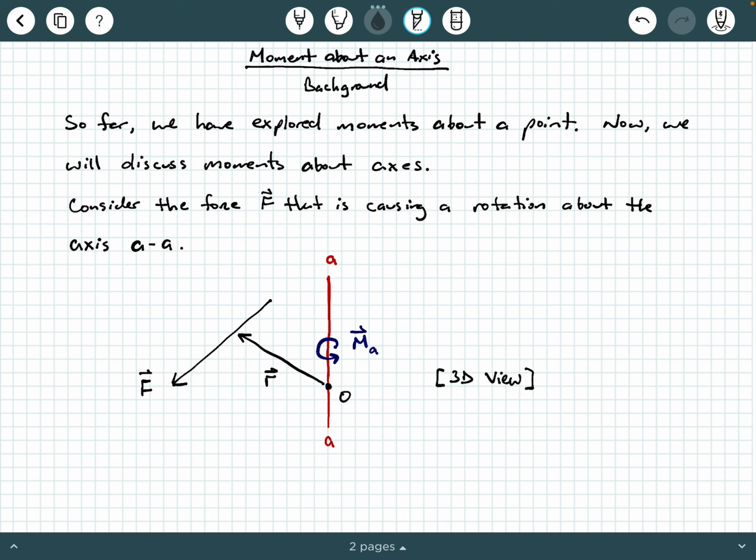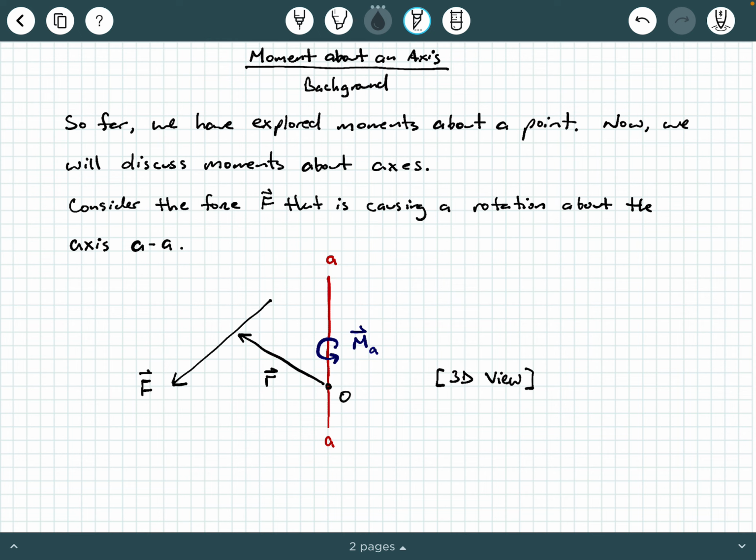So in this figure, I'm asking us to consider the force vector F that is causing a rotation about an axis called AA. So I've got this red axis here, AA, all right? And again, this is supposed to be a 3D figure. And I have this force vector hanging out somewhere over here, and it has some kind of distance defined by this position vector r away from this axis.